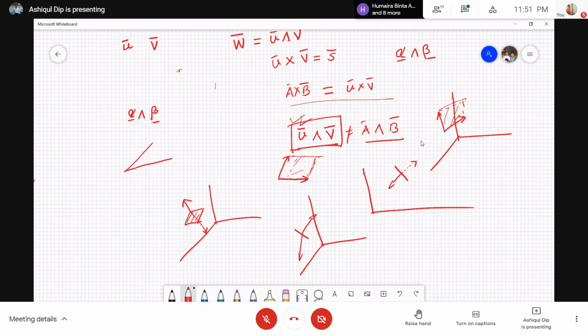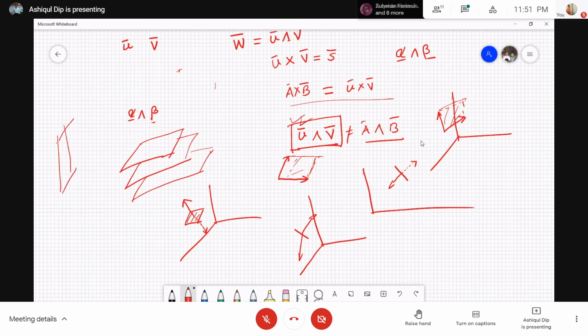So say you have a stack of 1-forms like this. Let's try it. And another stack of 1-forms, say like this. I'm bad at drawing actually. How do I draw it?